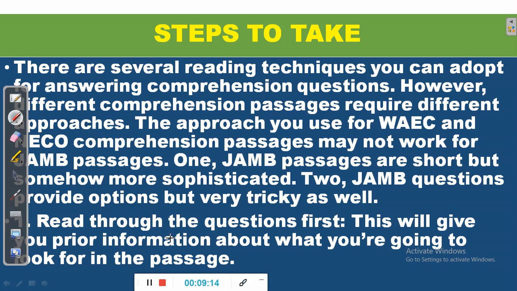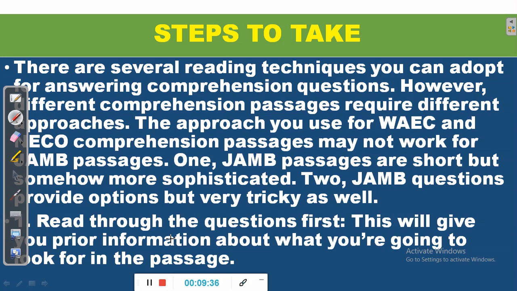So these are the steps you need to take. Read through the questions first. All right. I've always recommended this for summary writing. Somehow it is also useful when dealing with comprehension questions because a similar principle applies.